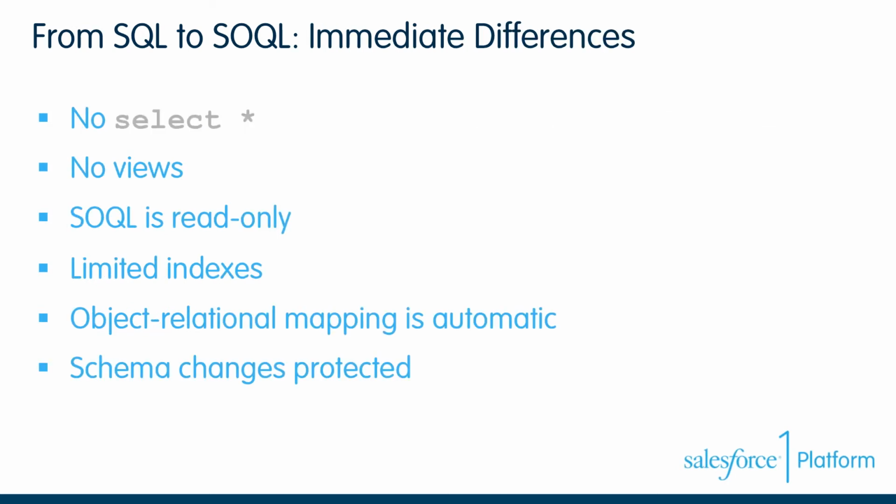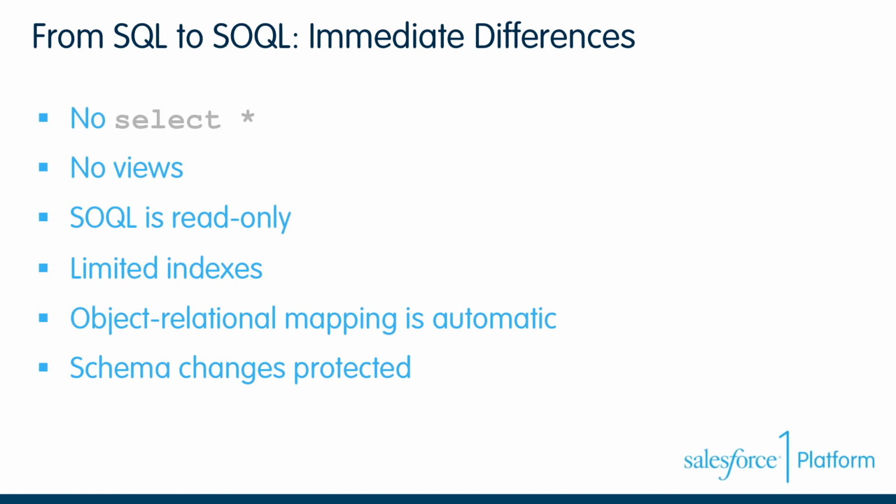So what's different? Well, immediately if you start playing around with it, you will see that there is no select star. I think something everybody who plays around with SQL at some point just does select star from a table name and just gets all the data from it to have a quick look at what's going on. So select star is not supported.